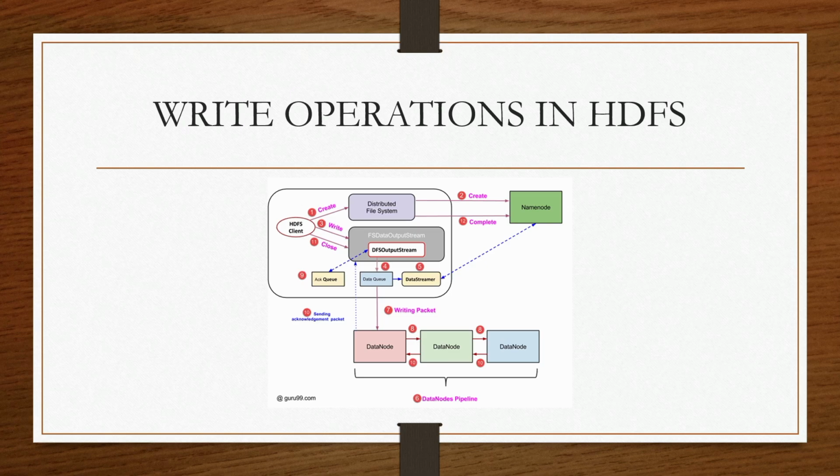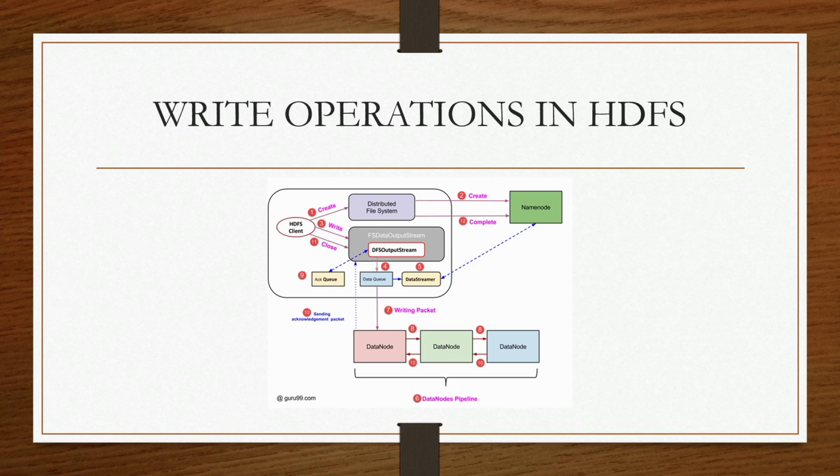The data streamer pours the packets into the first DataNode in the pipeline. Every DataNode in the pipeline stores a packet received by it and forwards the same to the second DataNode in the pipeline. Another queue, the ACK queue, is maintained by the DFSOutputStream to store the packets which are waiting for acknowledgements from the DataNodes.